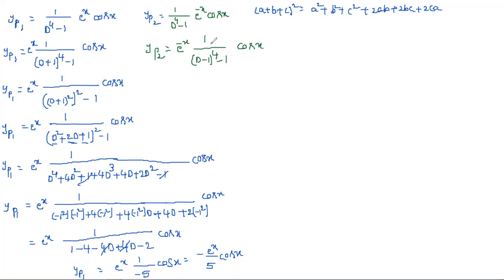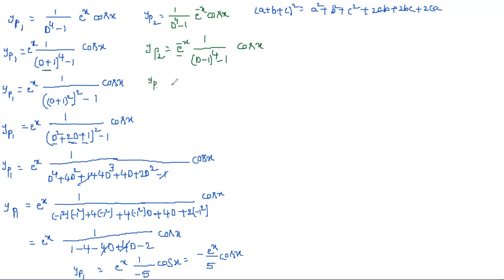For knowing that only, we are discussing this problem. Here e power x means we substituted D plus 1, and e power minus x means D minus 1. So based on the sign, you need to substitute D plus 1 or D minus 1. Here it is 1; if it is 2, D minus 2, like that. Now you have the simplification as usual.